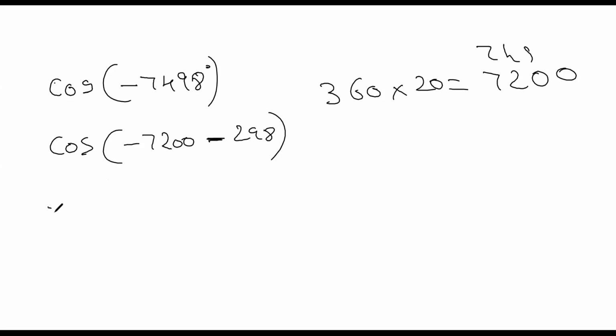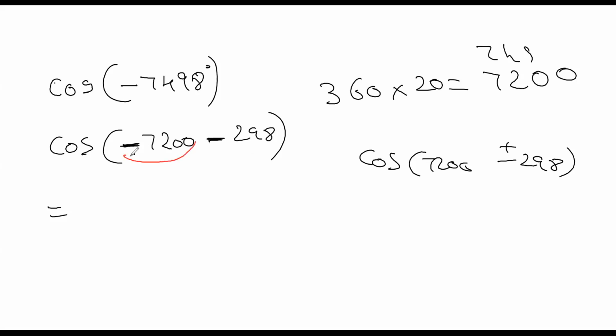Now tell me what you will get, not the value. We studied cos of 7200 minus 298 types, but we didn't study what minus 7200 is. It's a new term. It's just the clockwise direction.